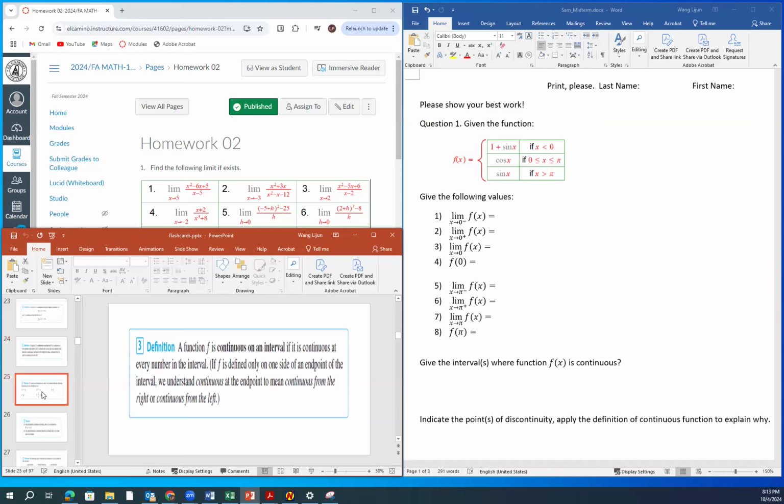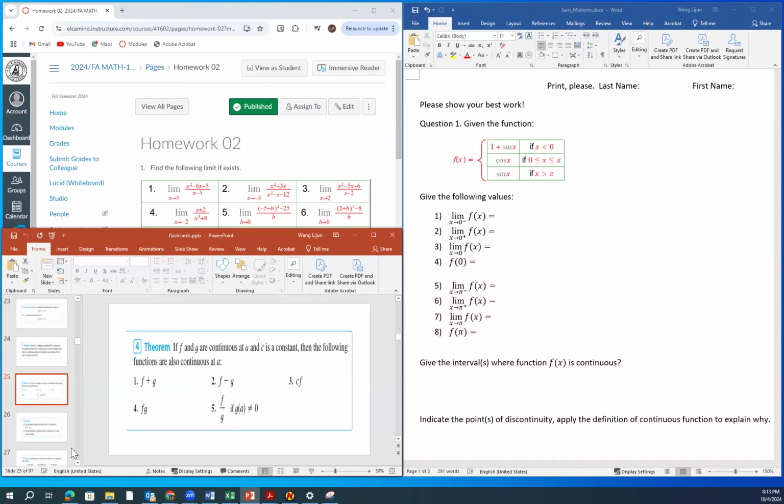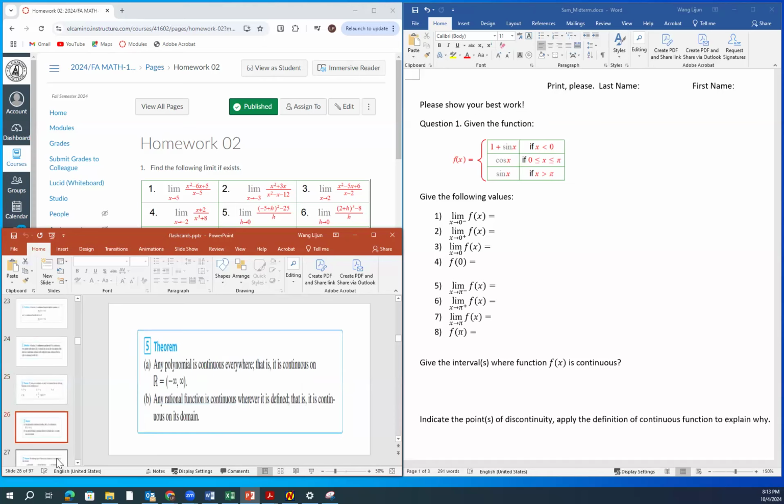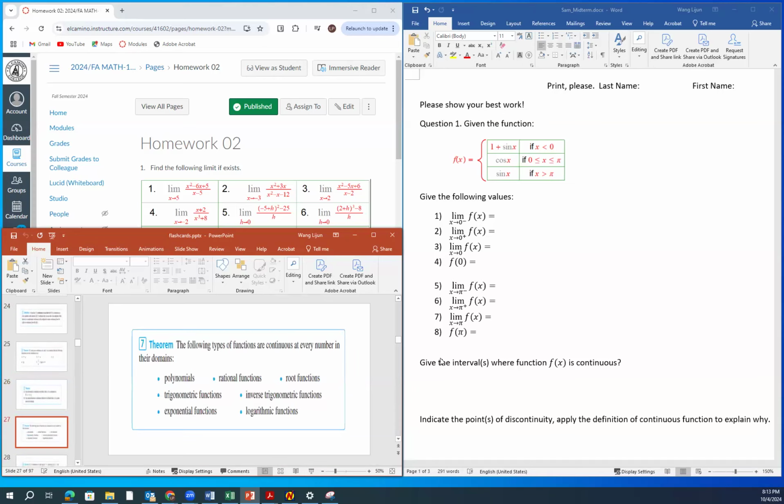So you'll be giving the interval where the function is continuous. In that case, you're going to be applying these theorems about these specific functions. For example, trig functions are continuous in their domain, and other functions too, and you get to apply this theorem in order to answer this question.